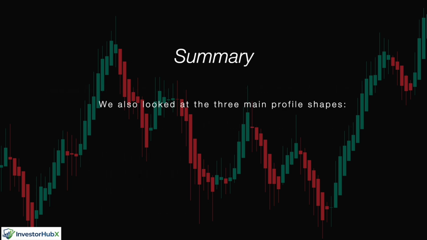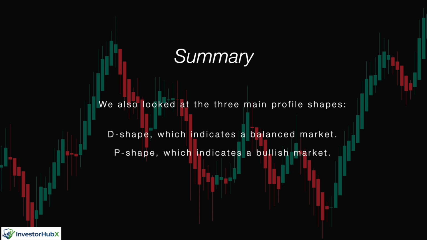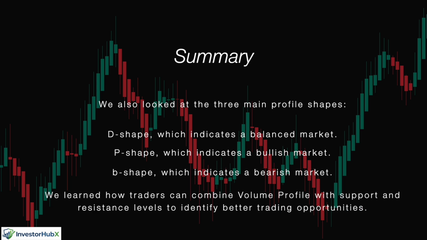We also looked at the three main profile shapes: D-shape, which indicates a balanced market, P-shape, which indicates a bullish market, and B-shape, which indicates a bearish market. Finally, we learned how traders can combine volume profile with support and resistance levels to identify better trading opportunities.